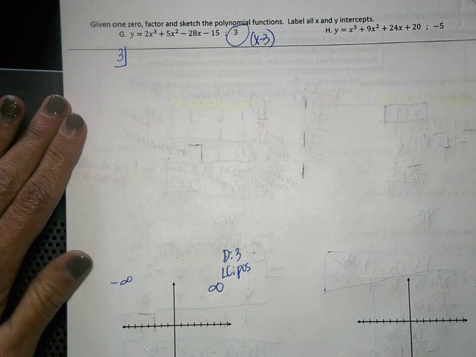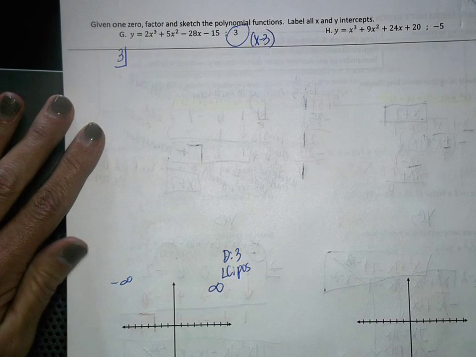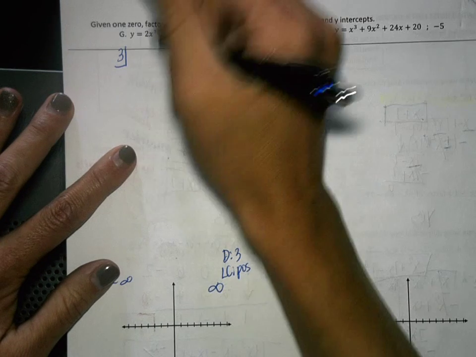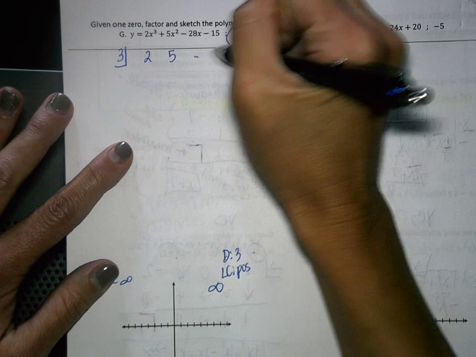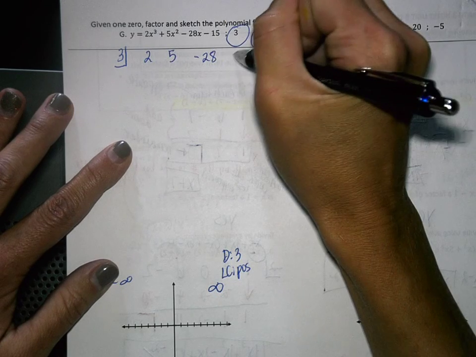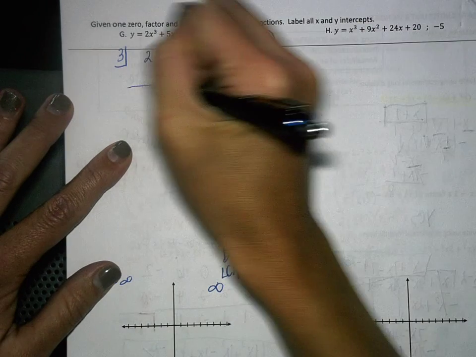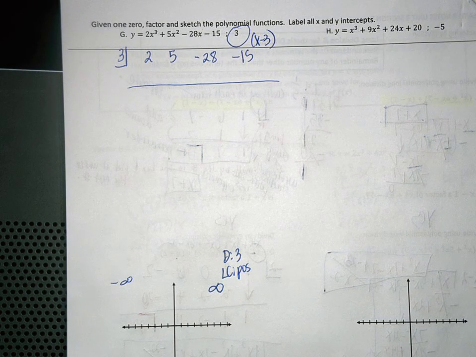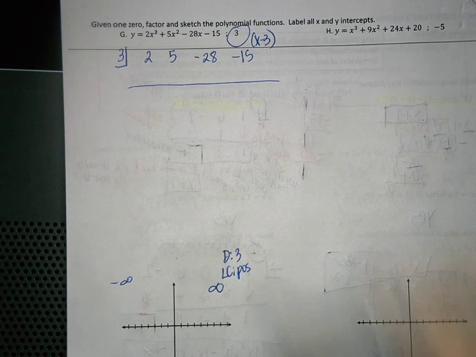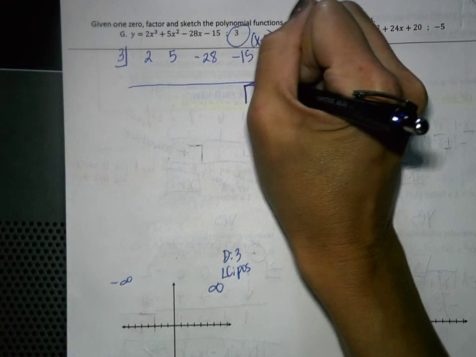And so going across, what numbers will I write? 2, 5, negative 28, and negative 15. And because they're telling me that 3 works, I should end up with a remainder of 0 here. If I don't, then I know I messed up somewhere.